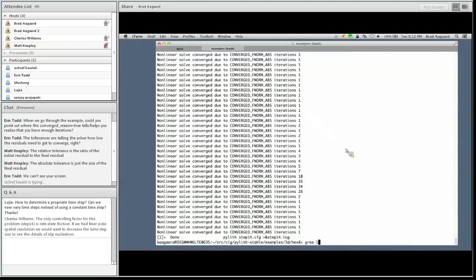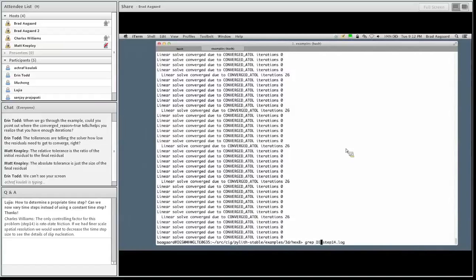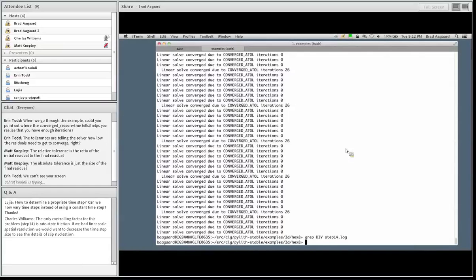Let's look at whether our linear solver converged. Looks like it did. We'll do a grep for diverged, nothing diverged. So we look good. So in this case, we seem to have solved the problem as before.